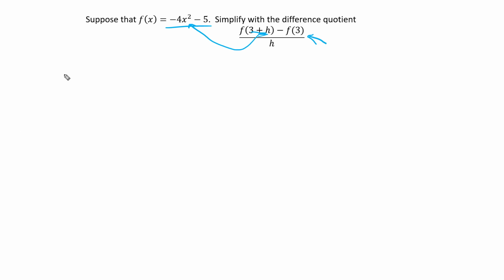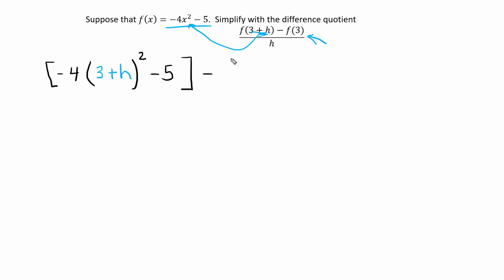So away we go. I have the first piece, and I tend to put these in square brackets so I don't mess up with that negative sign. I have -4. Where you see x, you are going to plug in 3 plus h. And now I just finish this off. So that's x squared minus 5.